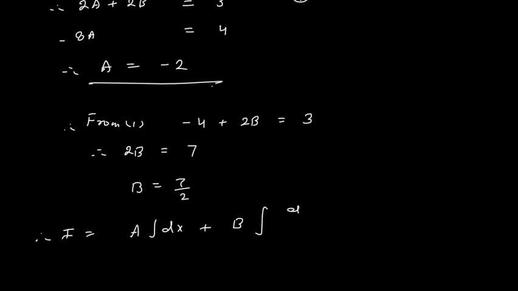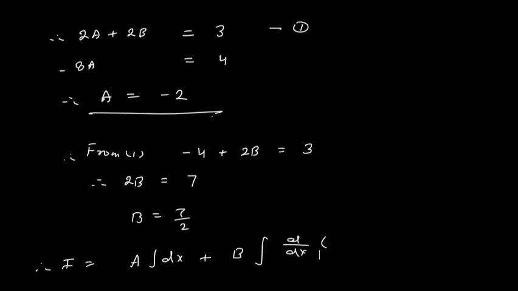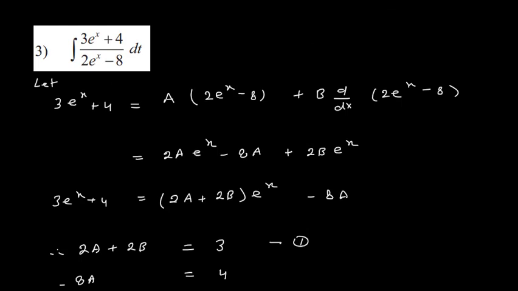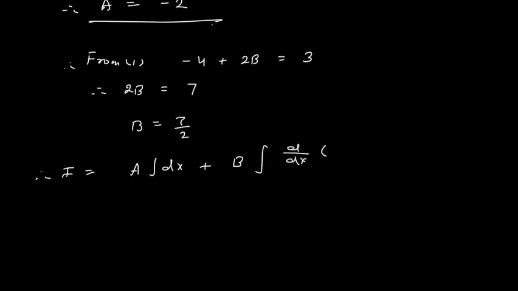of d by dx of your denominator, which is 2 e power x minus 8, divided by 2 e power x minus 8 into dx.